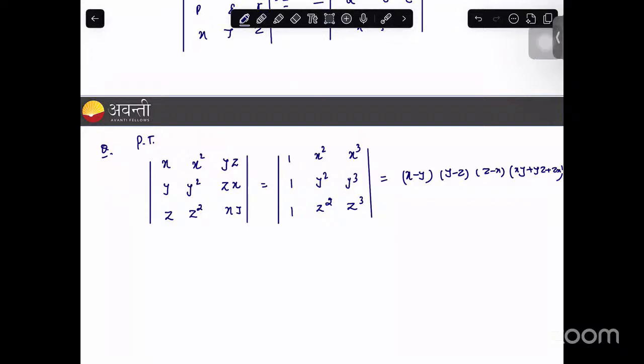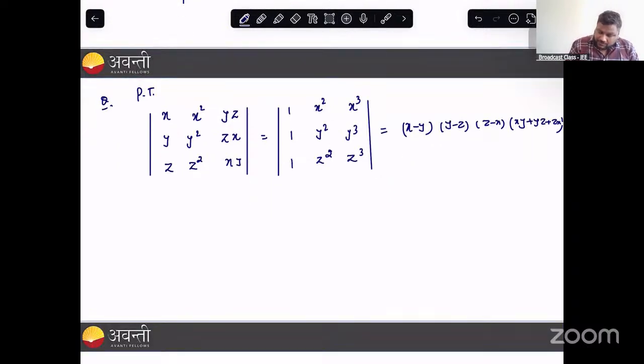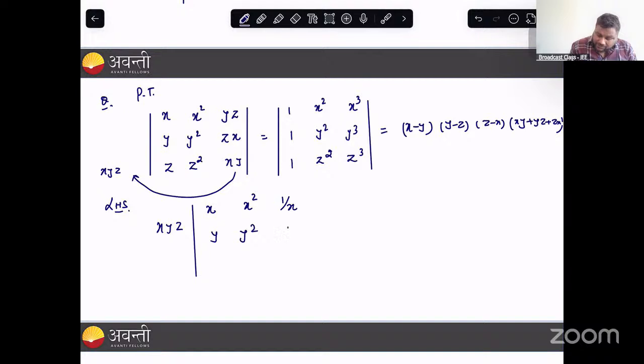That means, let's do one thing. LHS I'm taking care of. Take XYZ common from this row. So what do you get? XYZ outside, determinant x, x square, 1 by x, y, y square, 1 by y, and z, z square, 1 by z. Convinced? From the third column, I extracted XYZ.